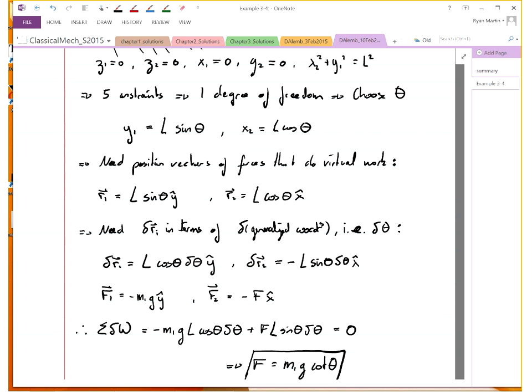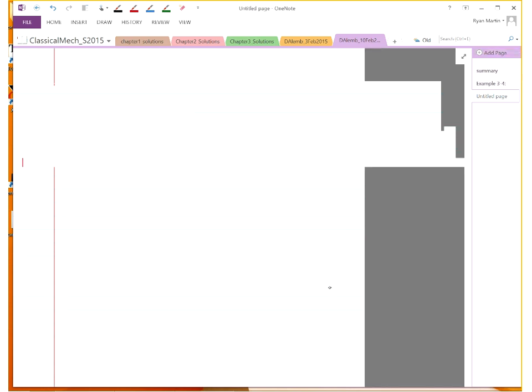So for completeness, let's do the other method now where you find the components of the generalized force instead of setting the virtual work equal to 0.